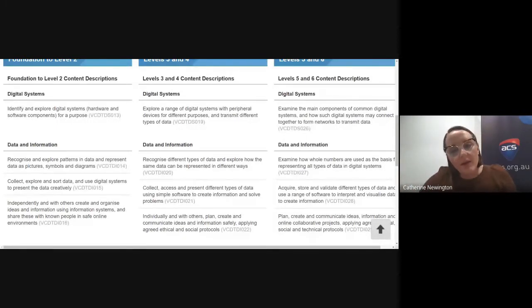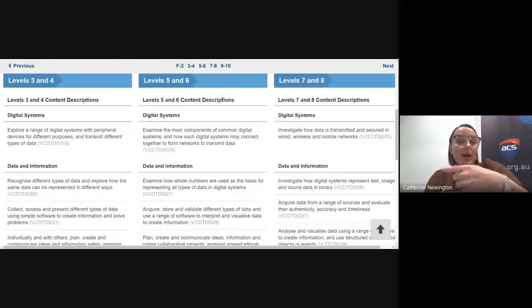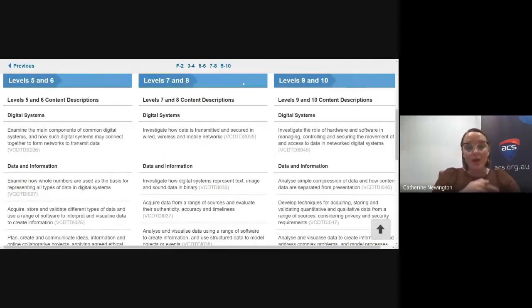And then in 5-6, we start to look at how all of those things are connected and how networks are created. Then we move on to 7 and 8 and how that data is transmitted. And in years 9 and 10, it's about controlling and securing the movement of the data within that network system. So you can see how all of that knowledge continues to grow as our students progress through the curriculum.